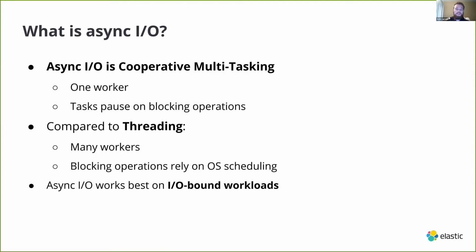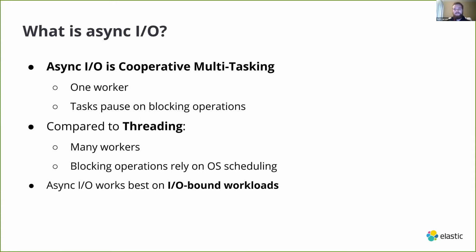And if you compare that to threading, where you have many workers and you're relying on the operating system to handle that blocking I/O. So basically in a threading model, when I/O happens, you're relying on your CPU to deschedule that process and then start a new one.